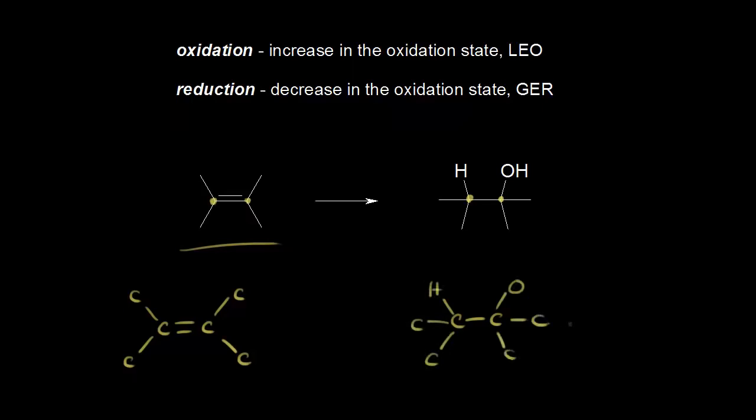Let's assign our oxidation states. So we draw in our bonding electrons, and we think about electronegativity differences, but we're going to assume once again that our carbons have the same electronegativity on the left. And so when we're assigning electrons, let's just pick one of those carbons. So let's pick the carbon on the left, right? We divide up those two electrons in that bond, give one electron to one carbon, one electron to the other. We do the same thing here.